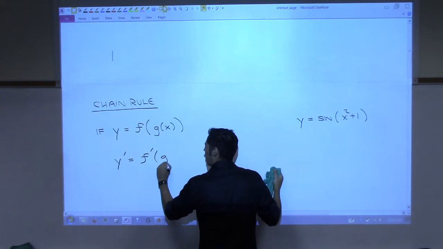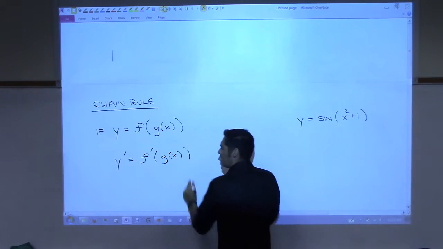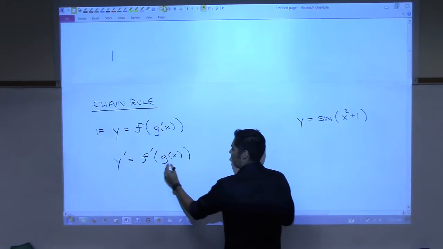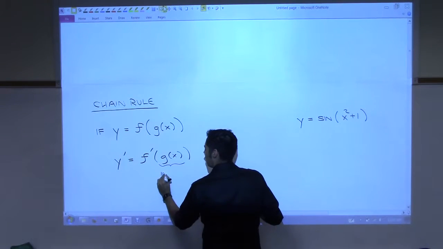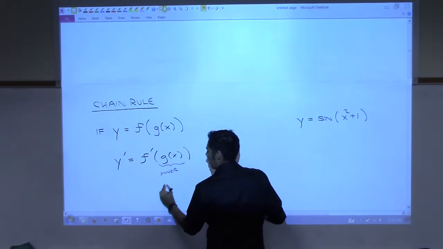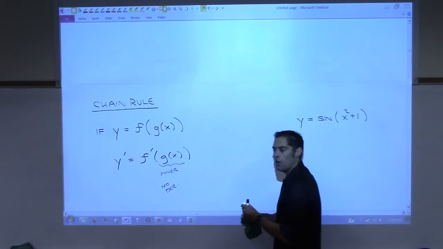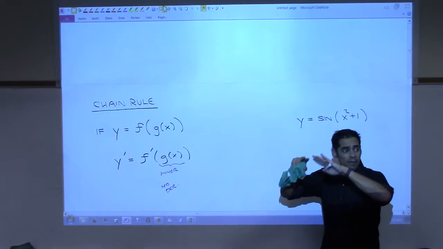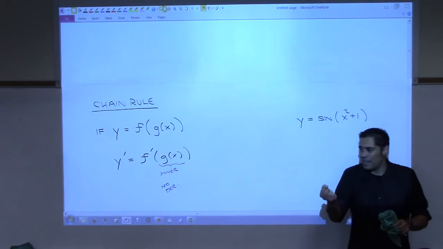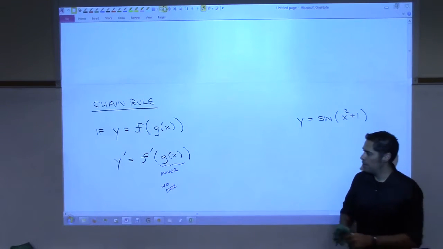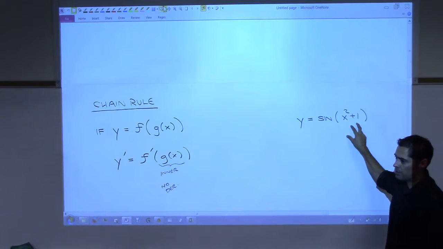Then inside of that, you plug in the inner function, but no derivative on that one. You take the derivative of the outer function and plug into it the inner function without taking its derivative.